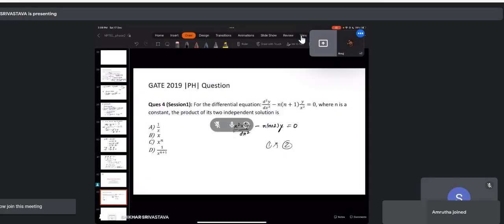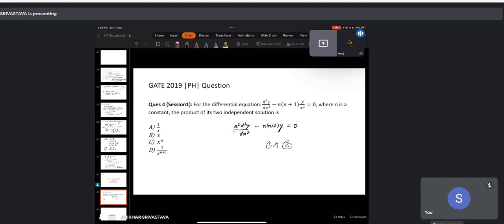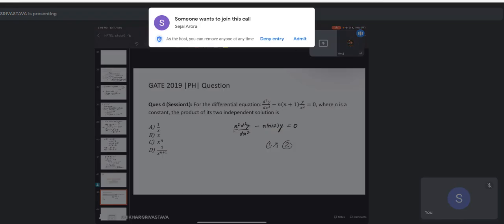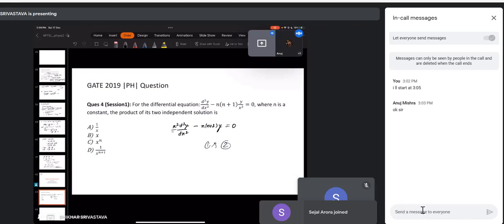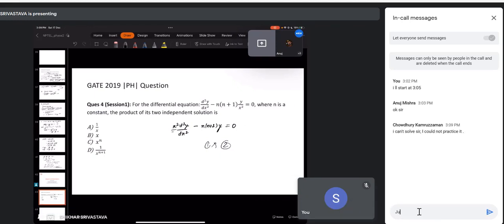Oh, okay. To those who have just joined, I've given this question which you can try and solve. You can solve this question using the Cauchy-Euler approach, which I discussed in the last class. Many of you are joining right now. Okay, okay. So I think Chaudhary has written I cannot solve it.